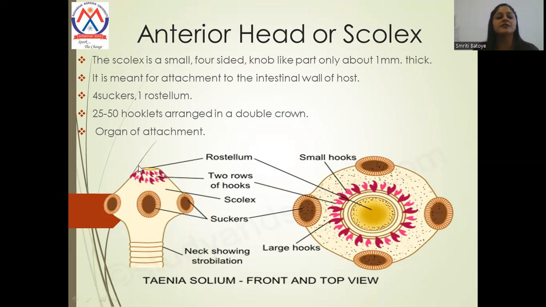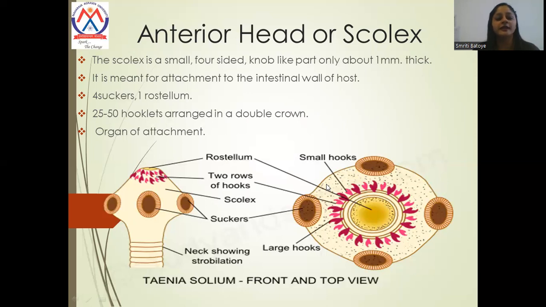This rostellum is guarded by 2 rows of hooks, and these hooks help the parasite attach to the host body. There are 20 to 50 hooklets present near the rostellum, and this rostellum is a retractile organ.